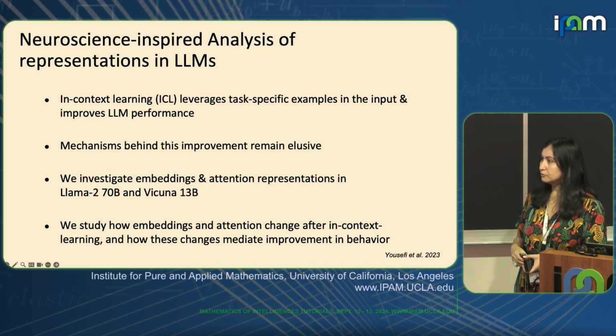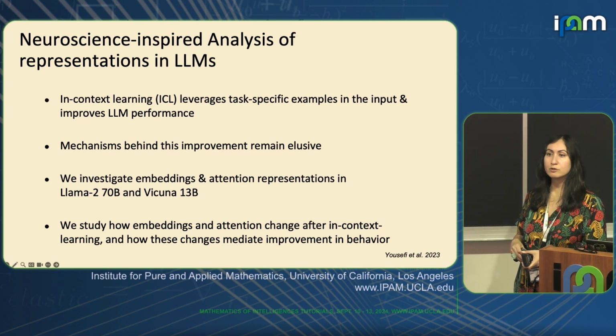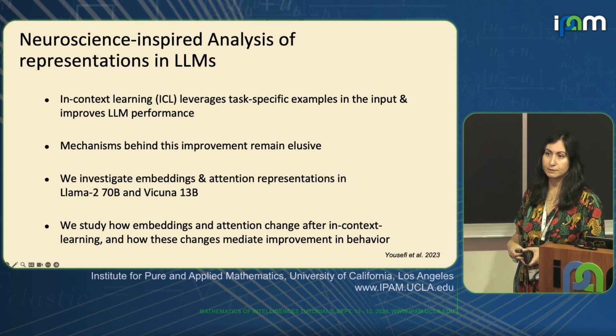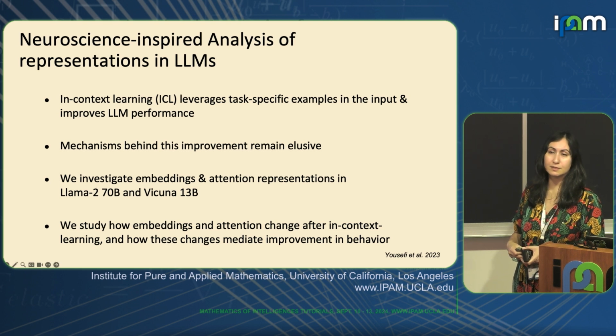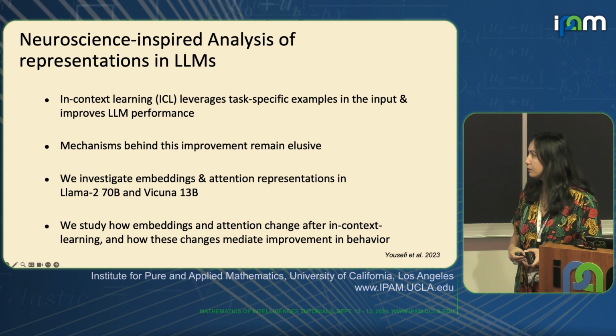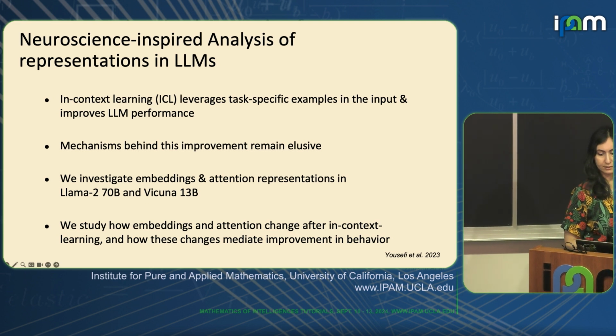But we were interested in how the representations are formed and how those representations change as a result of the examples that are provided. And so we investigated embedding and attention in Llama 2 70 billion and Vicuña 13 billion parameters. So two different models, different sizes. The reason we chose them is they are open and we can actually look at their layers. We study how embeddings and attention change after in-context learning.